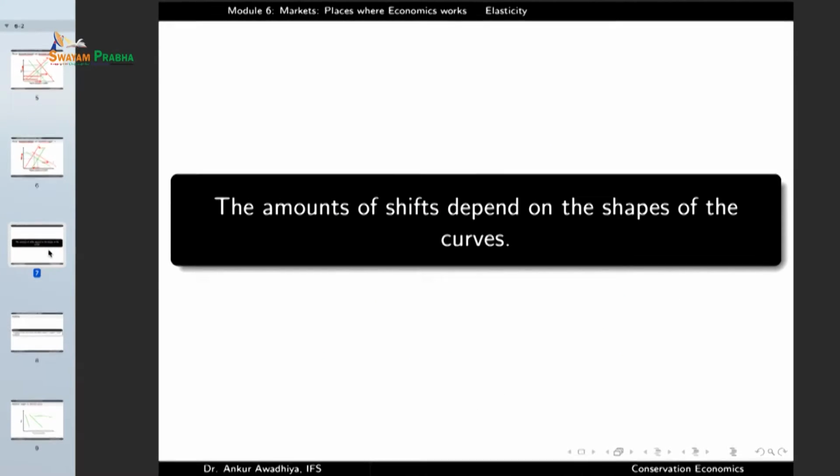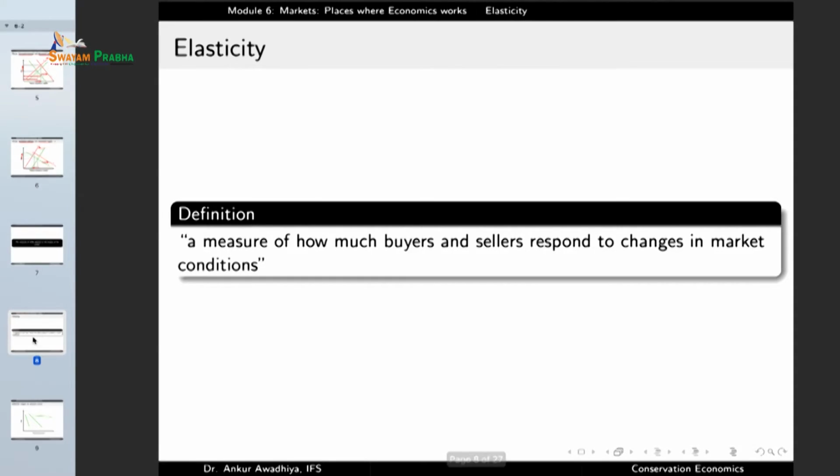The amount of these shifts depends on the shapes of the curves. And that tells us about the elasticity of demand and supply. We define elasticity as a measure of how much buyers and sellers respond to changes in the market conditions. So we are trying to measure the response of buyers and sellers, and we are trying to measure how much this response changes.